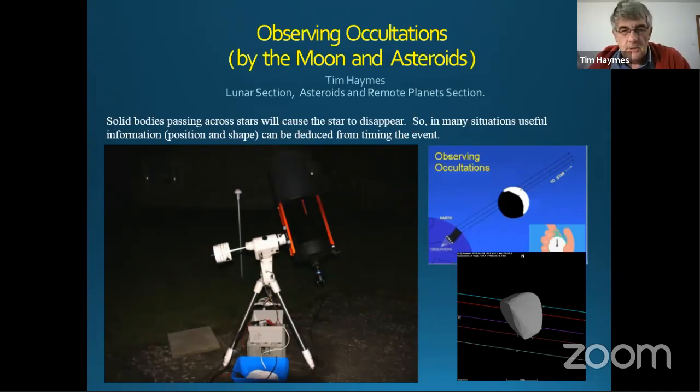Right. So this is the equipment I'm currently using for lunar and asteroidal occultations. It's a C11 on an EQ6 Pro mount, and I'm using a digital camera with a reasonably good field of view. Obviously, with lunar occultations, it's not too difficult to find the stars. They're near the lunar limb.